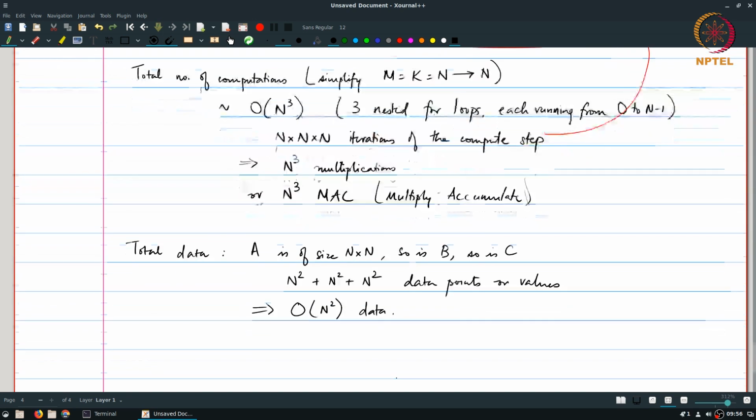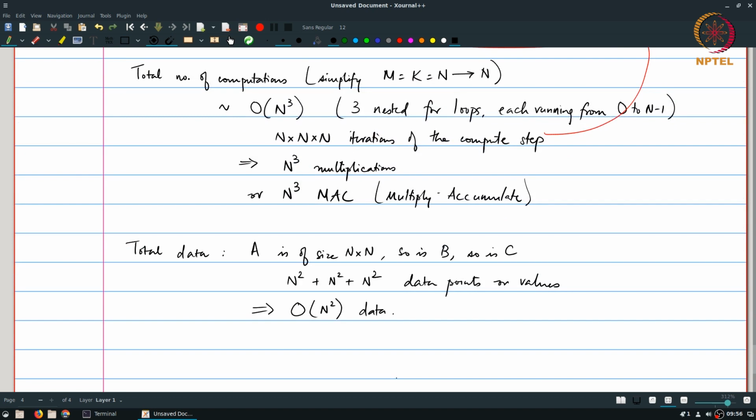So another way of looking at this is I need to do order of n cubed computations over order of n squared data. The data itself needs to be loaded from memory into the compute unit or the processor, used in some way for doing some kind of computation, and then will be discarded.